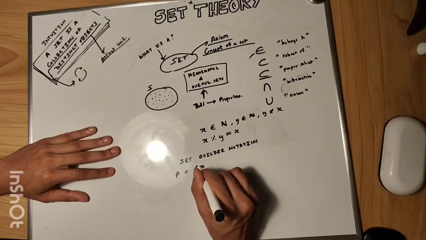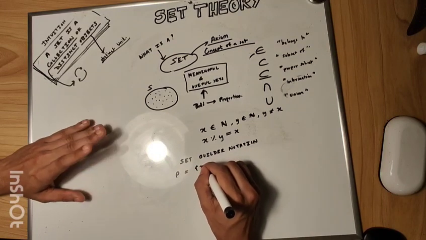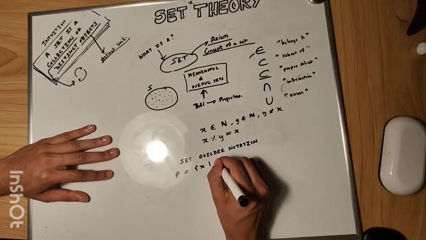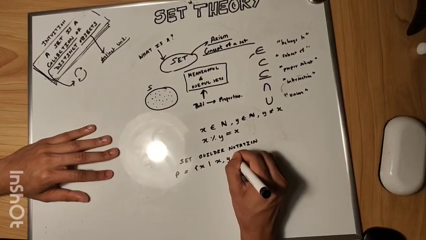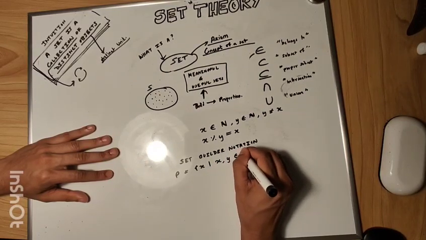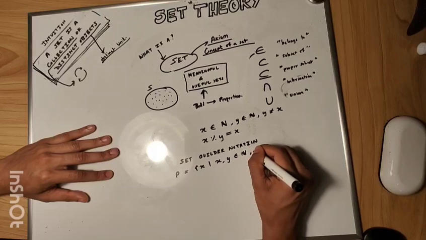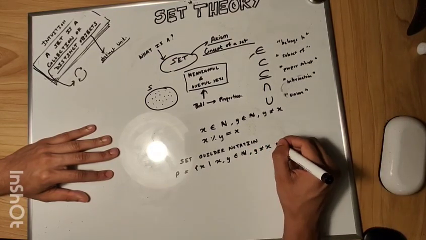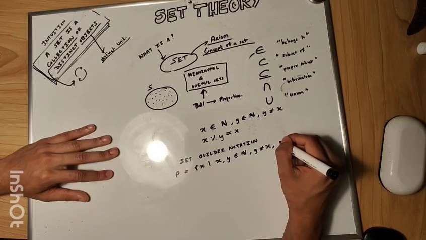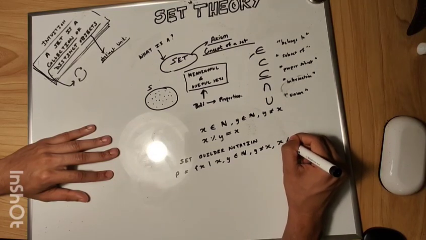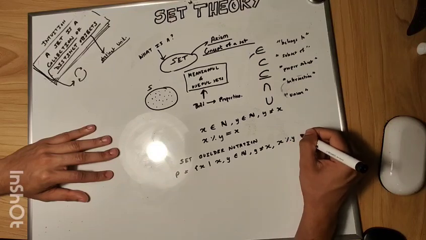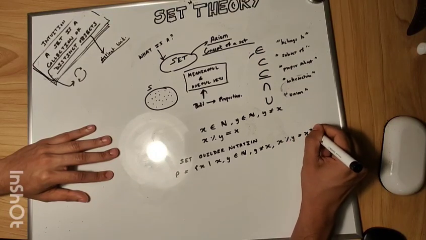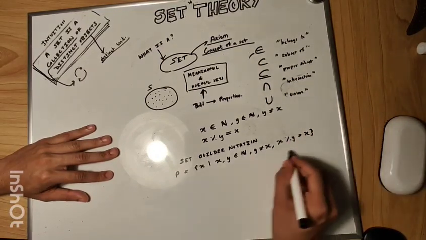So it's saying it's a set of all elements such that x comma y belongs to natural numbers, y is not equal to x, or x is not equal to y, doesn't matter, and x mod y equals x. So this is set builder notation.